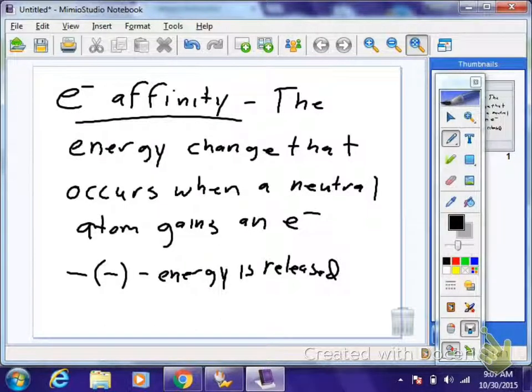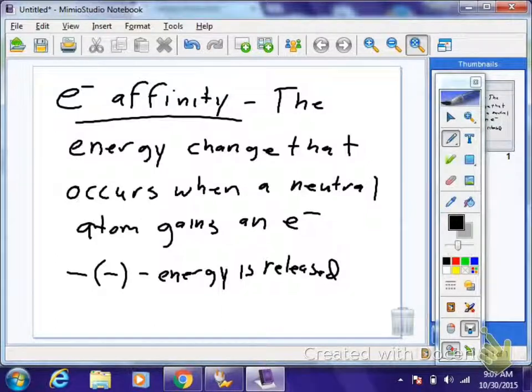Now down below here, I have in parentheses a negative sign. And what that means is its energy is released. So a negative sign means energy is being given off, or lost. That's why they put it as negative.